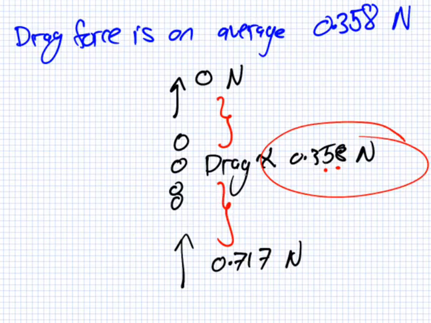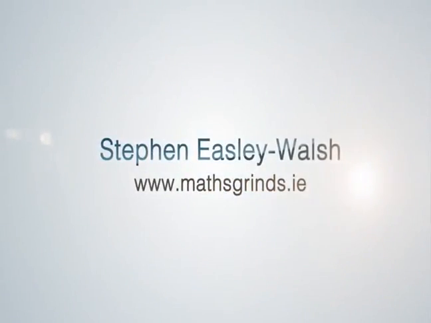So what I mean by that is at the beginning the drag is 0 newtons. At the end the drag is its maximum. In fact, I don't even know what it is, but it should be twice this number.